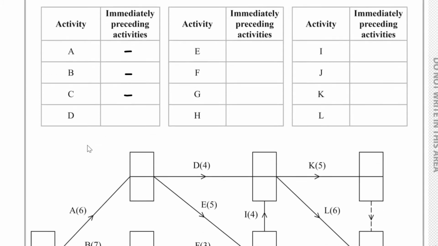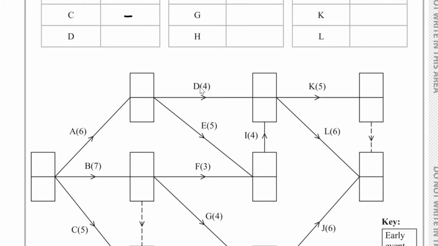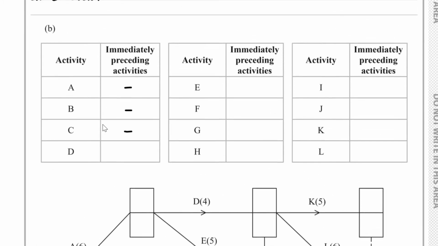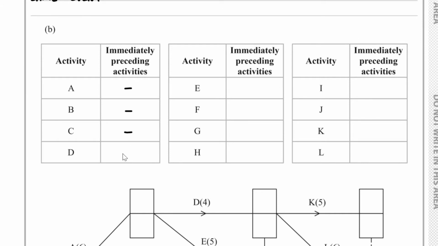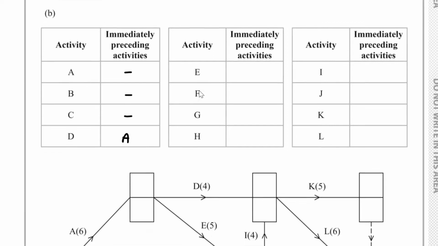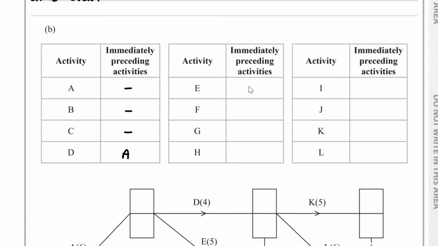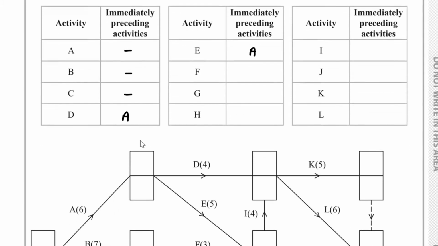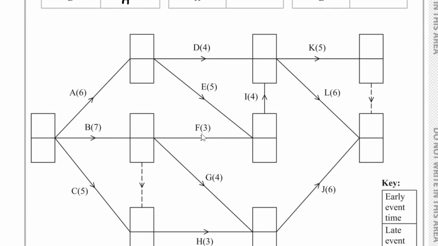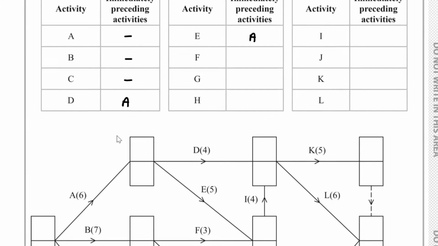Let's take a look at activity D. You can see D depends on A completing only. So here we write down A. Let's take a look at activity E. This depends on A completing only. So we have A over here. And if we take a look at F, this depends on B completing only.